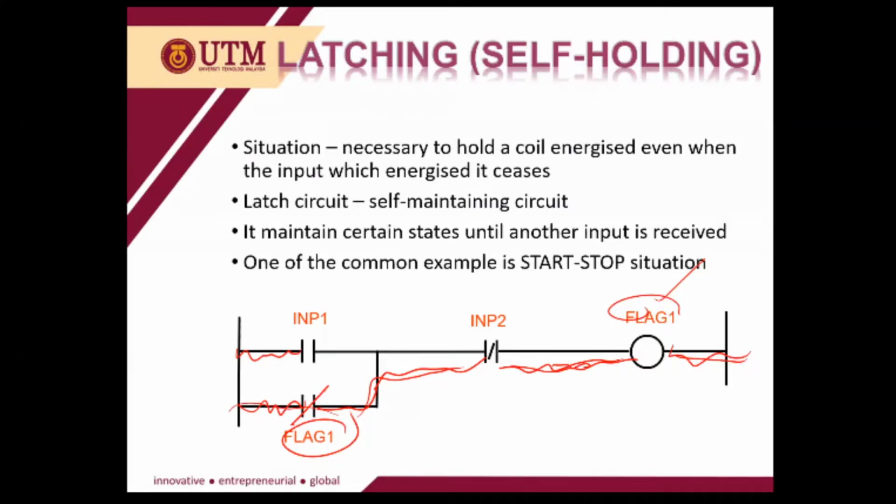Once you trigger input number two, the stop button, which is initially normally closed, it becomes open, and the current will stop flowing there, which will stop flag number one. This will be cut off and the current will stop as well. So this is what happens in self-holding or start-stop applications.